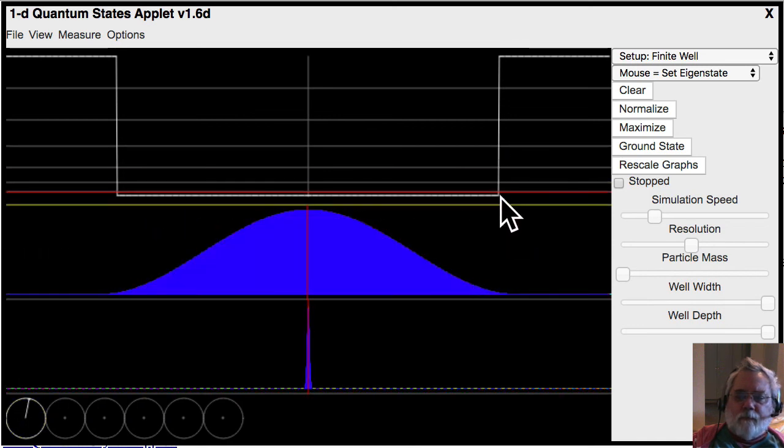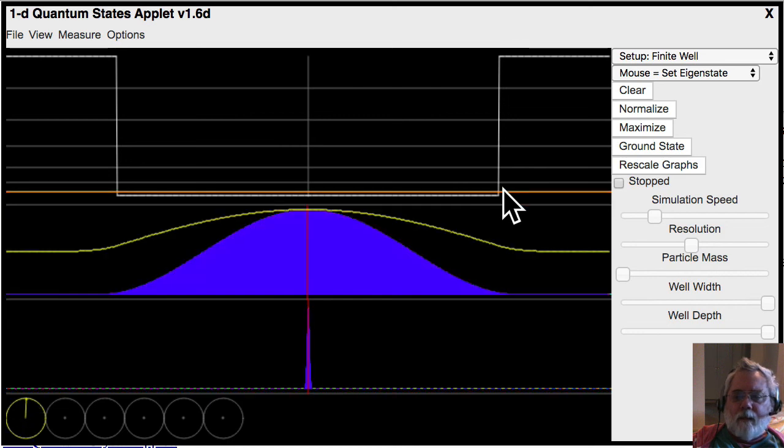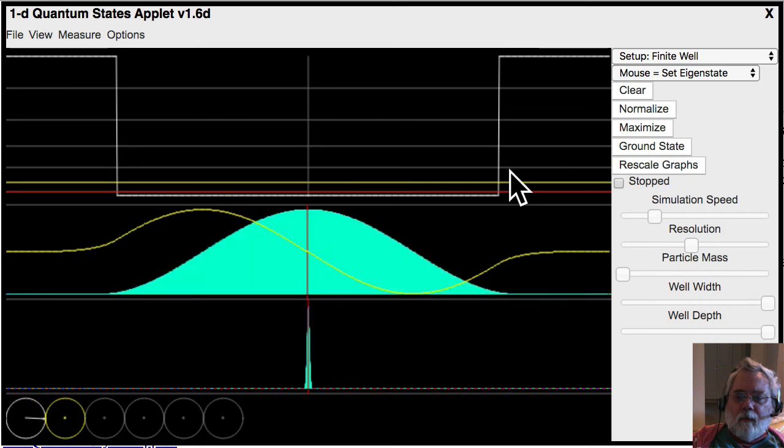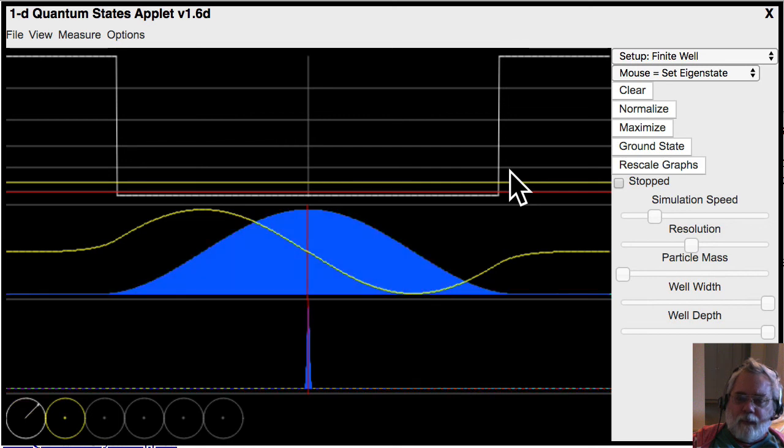So in this energy eigenstate, it's hard for me to show it because if I move the cursor, so if you look right below the cursor, you'll see that outside of the well, to the right of the well, there is non-zero probability density. It's a decaying exponential, but it's not zero. In the infinite well, it was zero. But for the finite well, there is non-zero probability density outside the well.